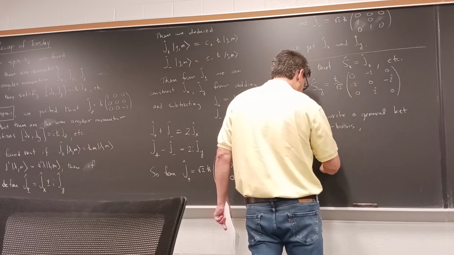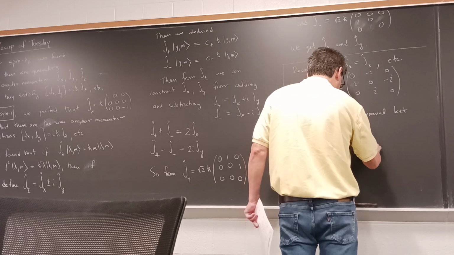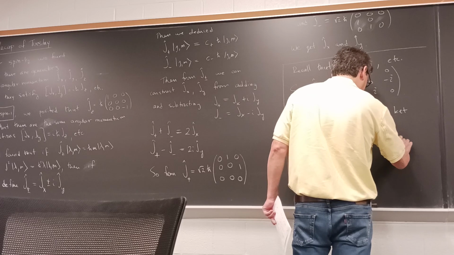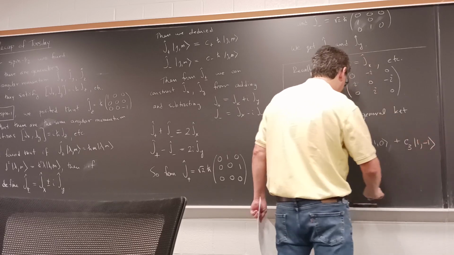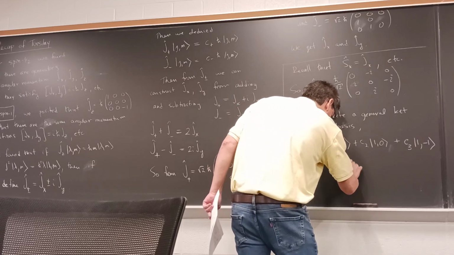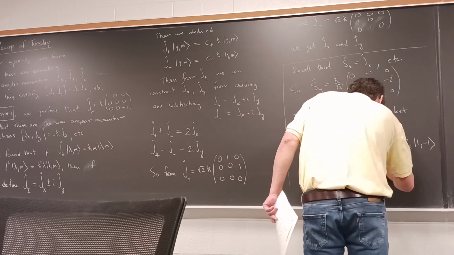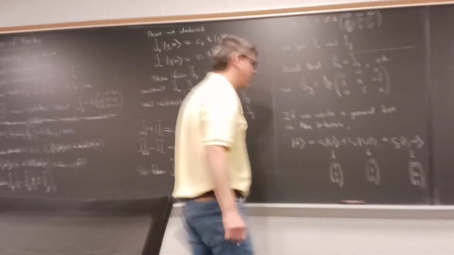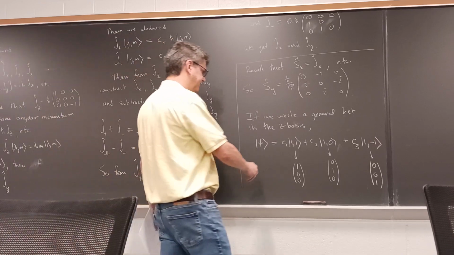It would be some constant C1 times |1, 1⟩ plus some constant C2 times |1, 0⟩ plus some other constant C3 times |1, -1⟩. Where remember this ket was 1, 0, 0 in the z basis, this ket was 0, 1, 0, and this ket was 0, 0, 1. Right, so this is all in the z basis.